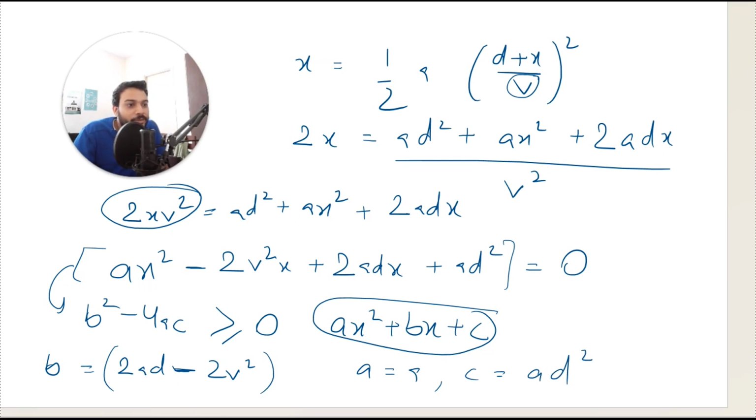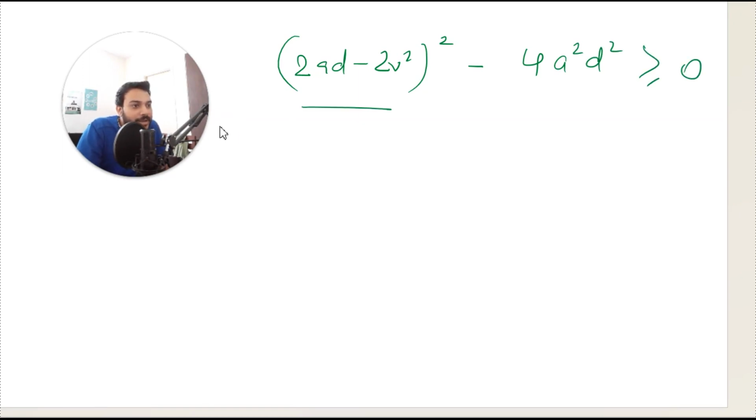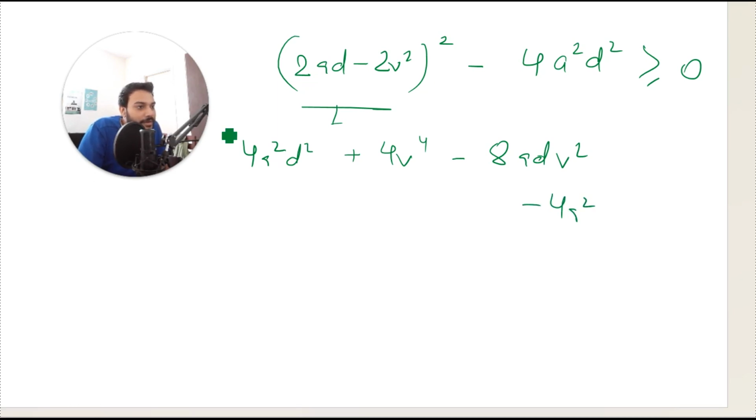Okay, so b squared minus 4ac, let's write that in our case. That is 2ad minus 2v squared, whole squared, minus 4 times a times ad squared, so 4a squared d squared. This should be greater than or equal to 0. Let's expand this. 4a squared d squared plus 4v raised to power 4 minus 8adv squared minus 4a squared d squared greater than or equal to 0.